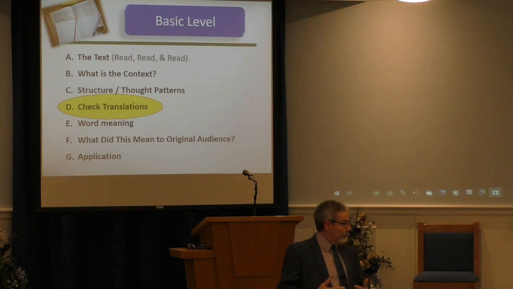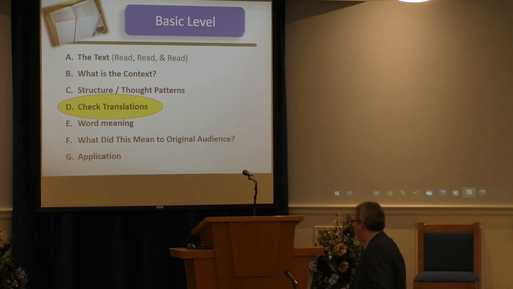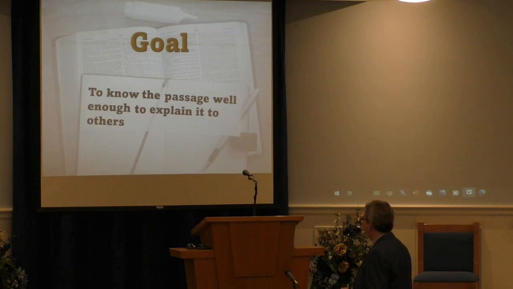That's one of the first basic things I do when I'm looking at a verse. Before I look at some of the other things, for example, before I go to a lexicon and see what the word means, I'm going to probably check translations. That's one of the basic things that I do, and I hope you'll do the same kind of thing.